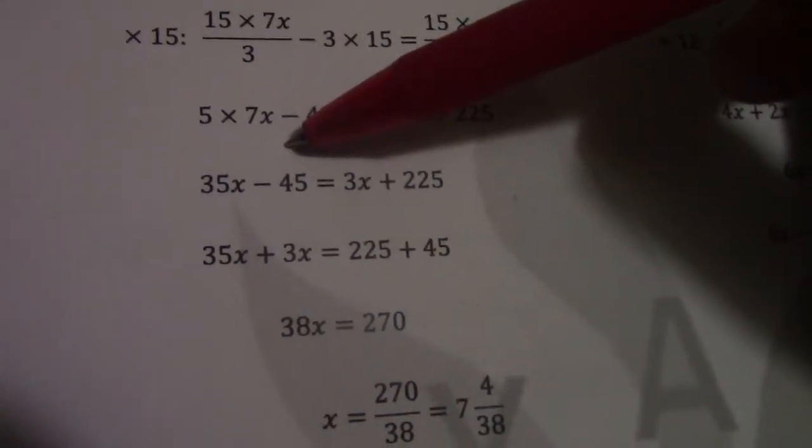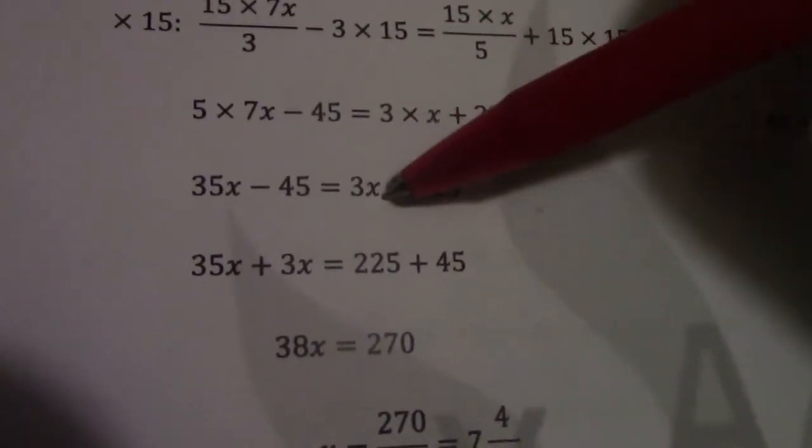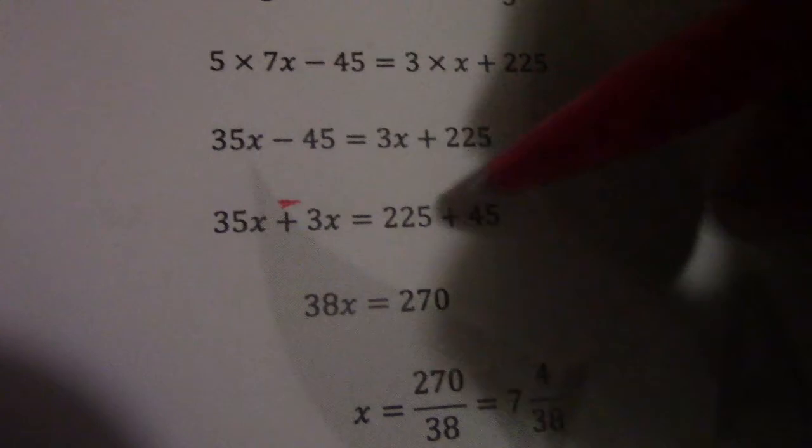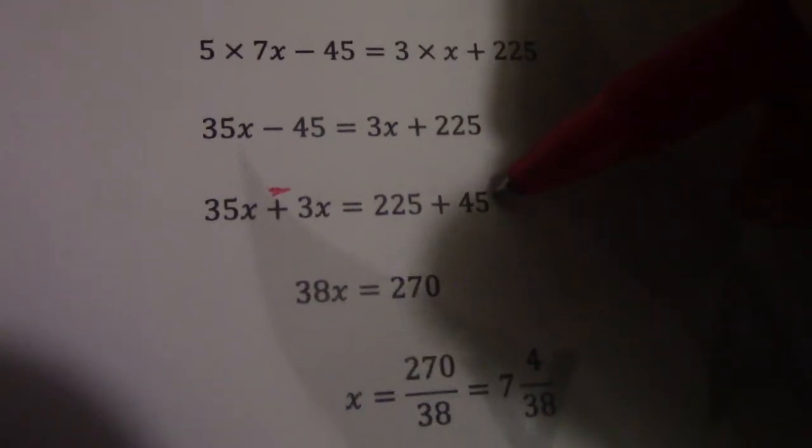Take all my x's to the same side. So here I have 3x, yeah, I see now the error. If I take 3x across, that becomes minus 3x. The 45, if I take across, 225 plus 45. Sorry for that, so this becomes 32x equals 270.